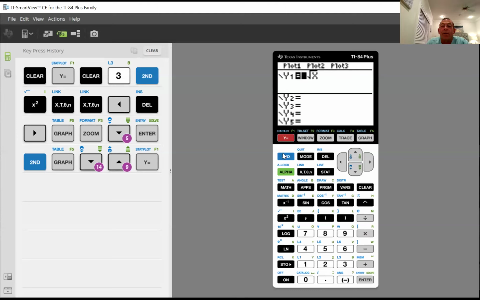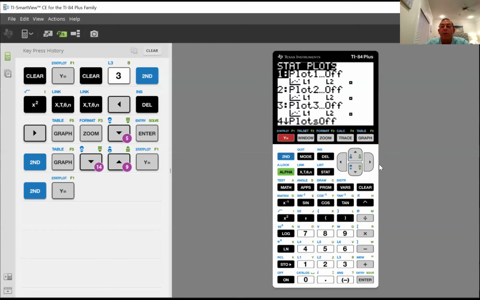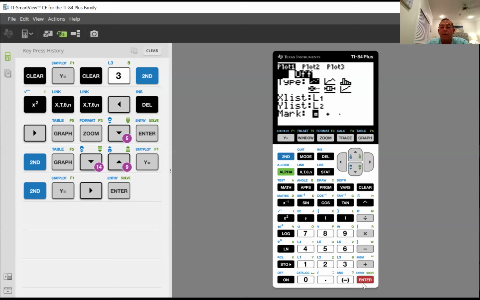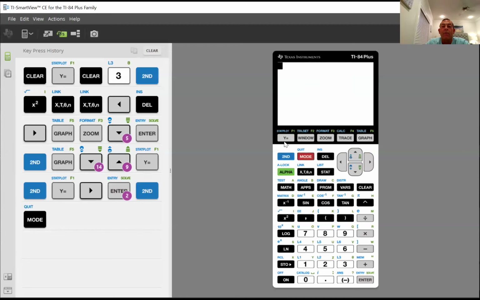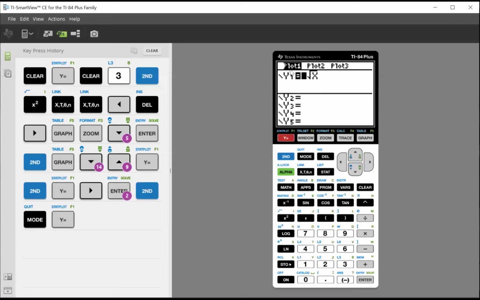Let me show you what I'm talking about. Look at my calculator right now. Now watch when I go to y equals. See how my plot 1's dark now? Are any of yours doing that? No, sir. Okay, so that isn't the problem. Let me fix mine back.